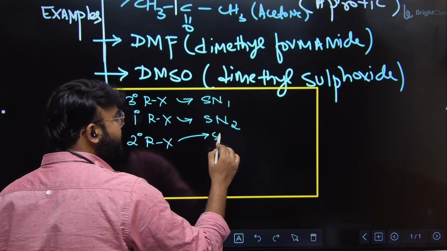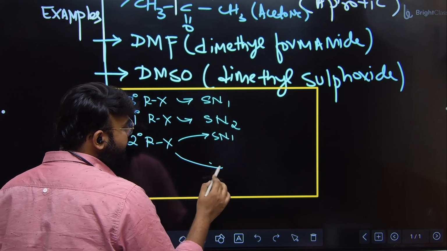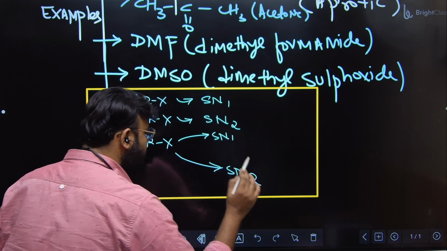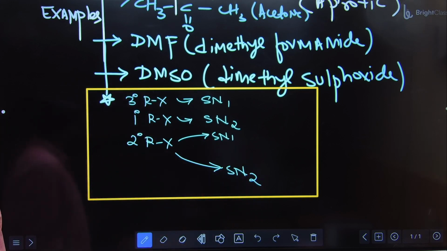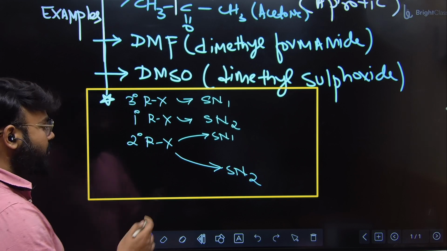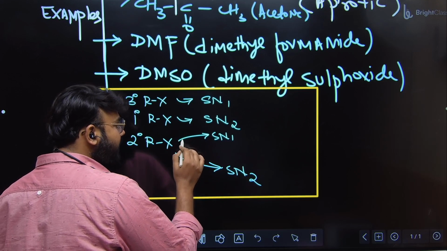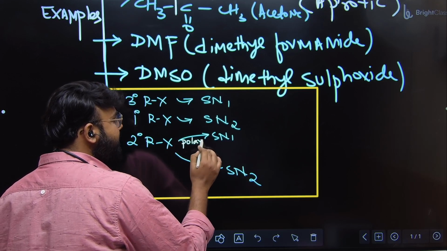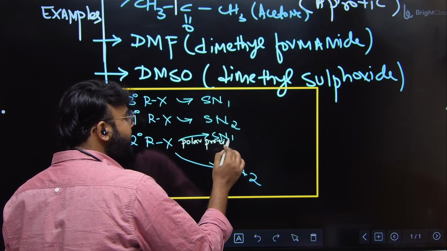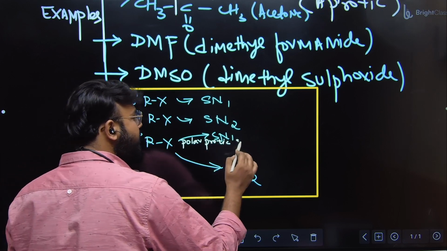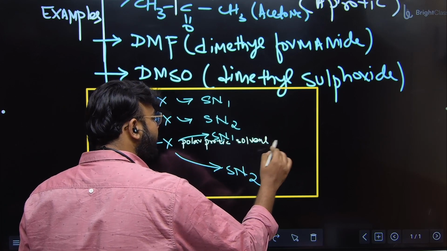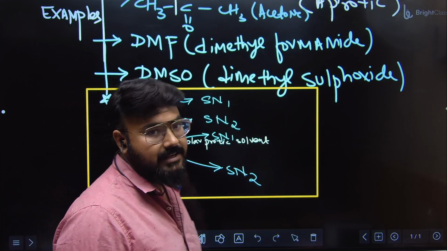It can give SN1 also, it can give SN2 also. How will you decide when it will give SN1 or SN2? When you have examples of polar protic solvent, then SN1. What were the examples of polar protic solvent? H2O, ethyl alcohol and acetic acid.